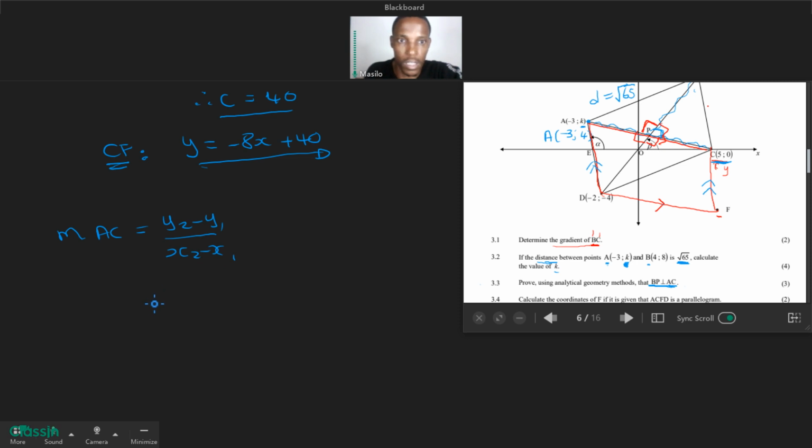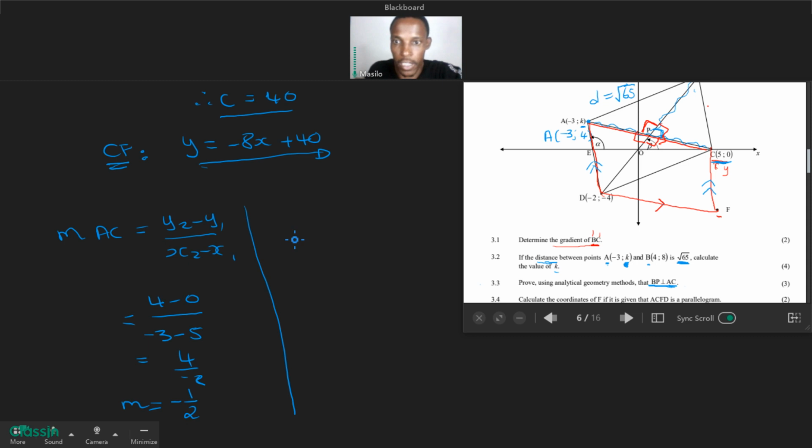Then this is the same as 4 minus 0 over negative 3 minus 5. Then we have 4 over negative 8, which is the same as negative 1 over 2. So the gradient of this line AC is negative 1 over 2.